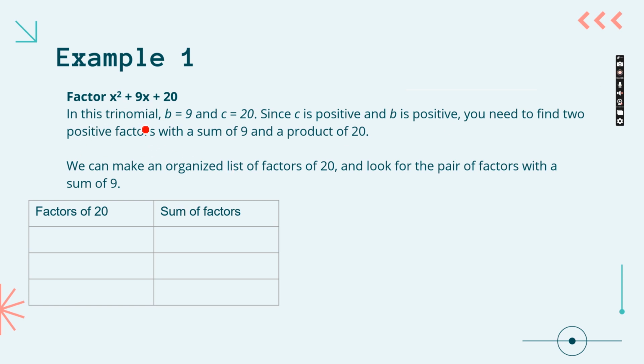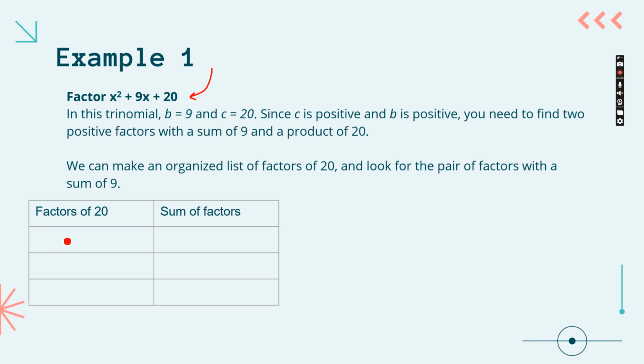Okay, anyways, how do we solve this problem? In general, we want to find factors of 20 that, when we add them together, give us 9. We have a nice organized list to help us find those pairs. Factors of 20 are two numbers multiplied by each other that give you 20.